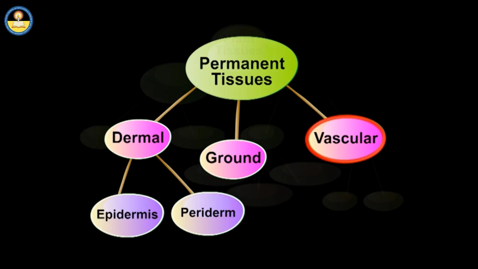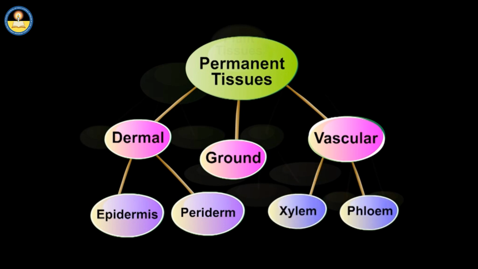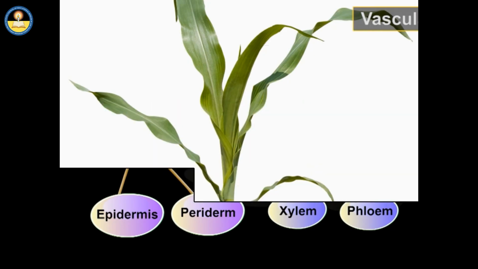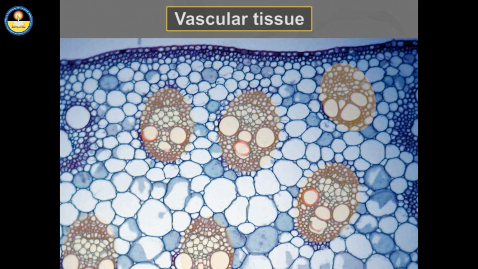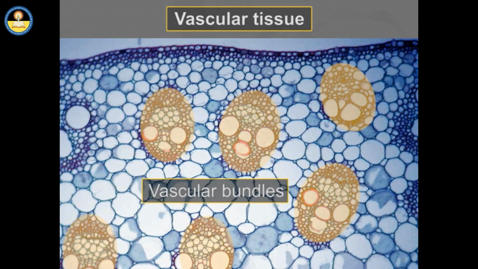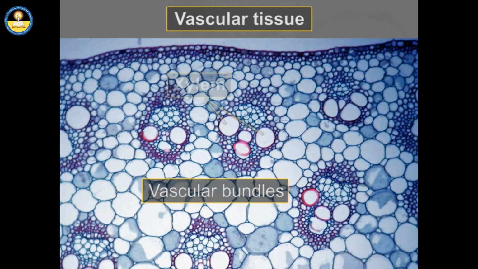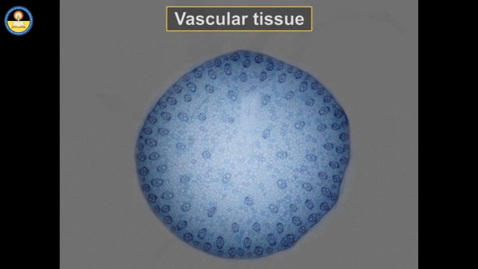Vascular tissue. Vascular tissue system consists of the 2 conducting tissues, xylem and phloem. Xylem and phloem, along with the other supporting and protective cells, form vascular bundles. Vascular bundles in plants are arranged in such a way that they form a continuous system throughout the plant.